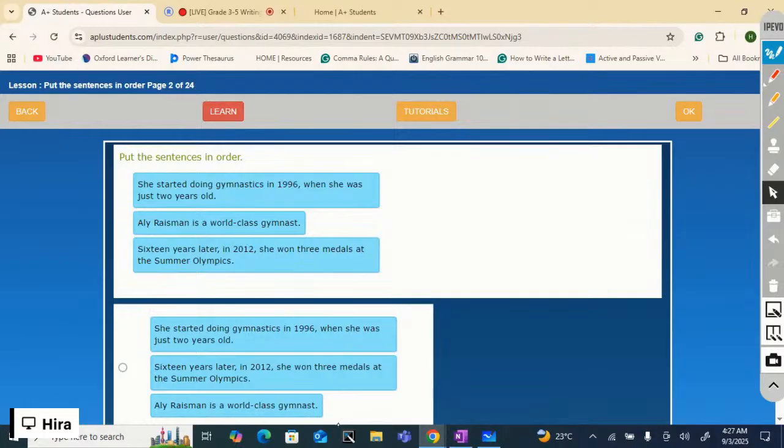The next sentences are: She started doing gymnastics in 1996 when she was just 2 years old. Ali Raisman is a world class gymnast. 16 years later, in 2012, she won 3 medals at the Summer Olympics.